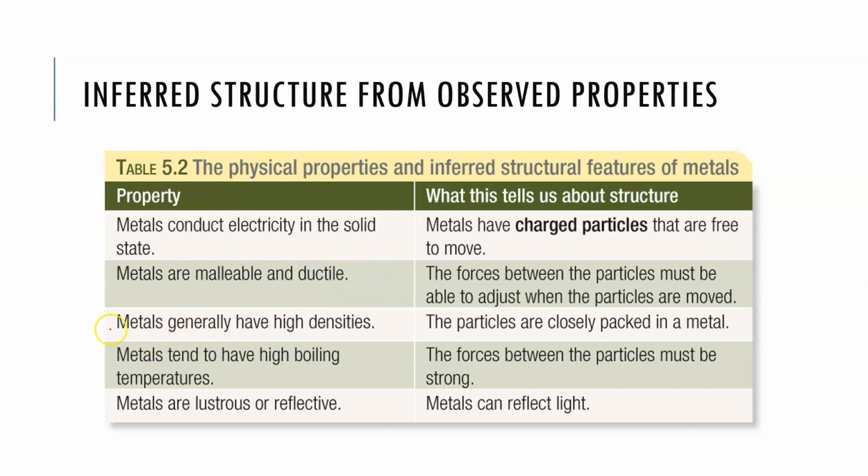Metals generally have high densities, which tells us that the particles must be closely packed because they have a large amount of mass in a small volume. They also tend to have high boiling and melting points. This tells us that the forces between particles must be strong. A large amount of energy needs to be applied in order for us to cause them to melt. And then, of course, metals are lustrous, which tells us that when light hits them, that light is reflected.